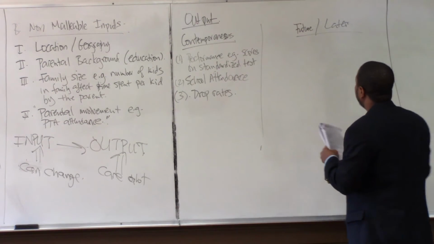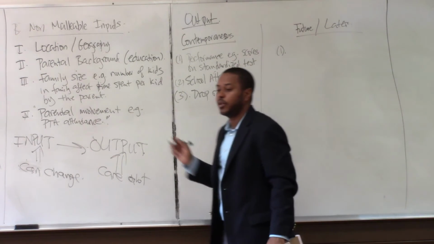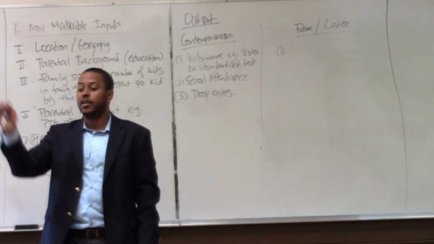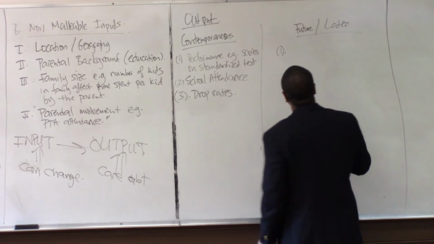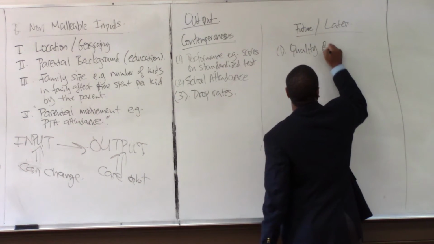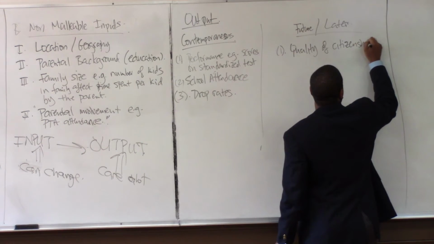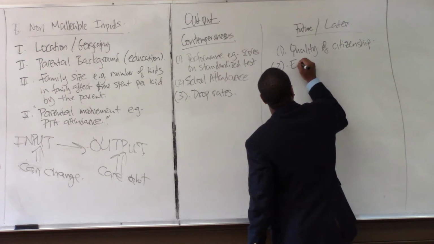Okay. What are some future measures of outputs? Like things that will happen way down the line. Yeah. So we can say quality of citizenship. Earnings.